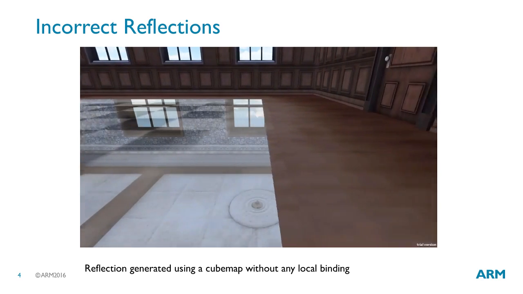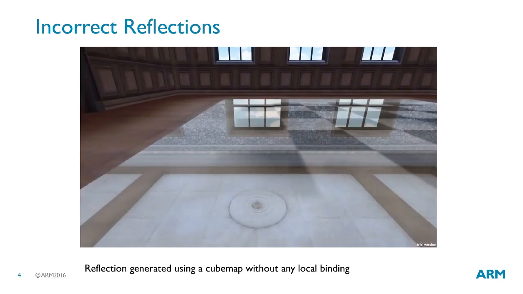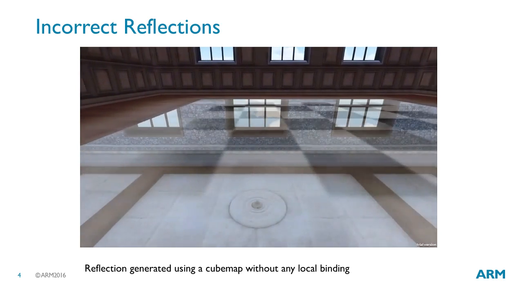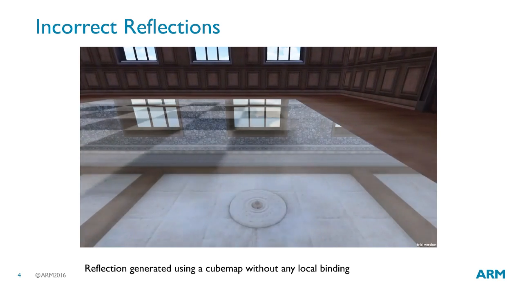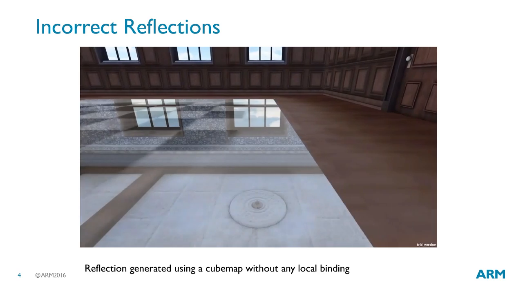And those reflections are wrong, you see. The camera is moving along the reflecting surface, keeping the view vector constant, and the reflection we get is always the same.